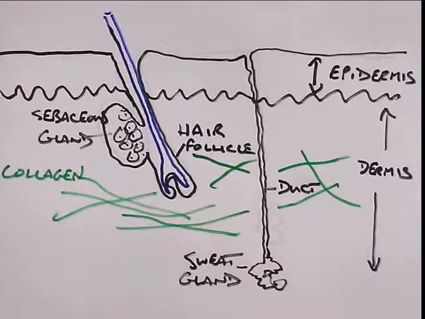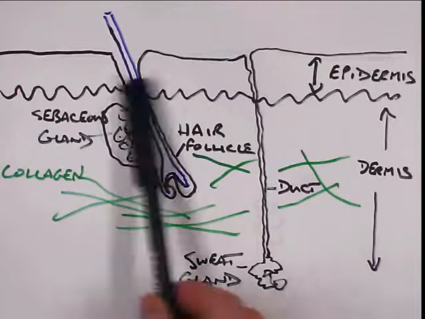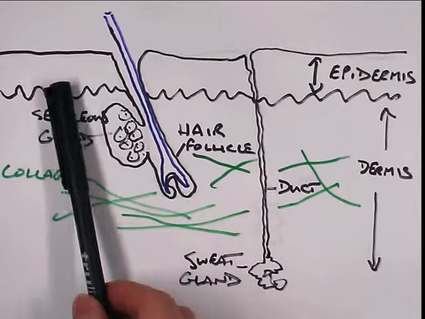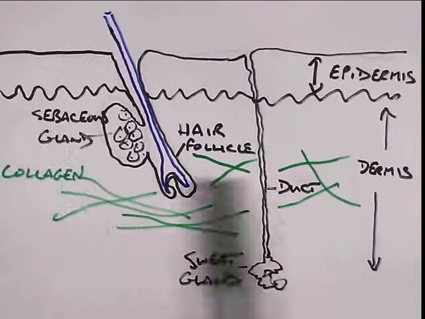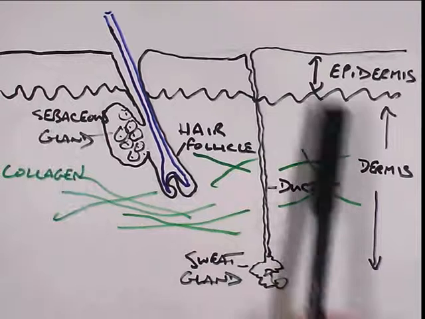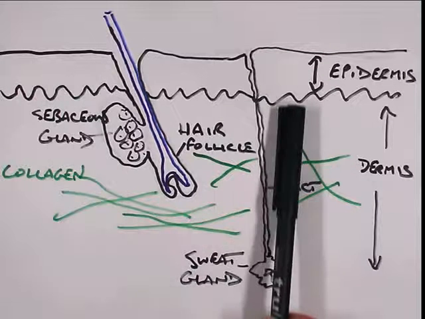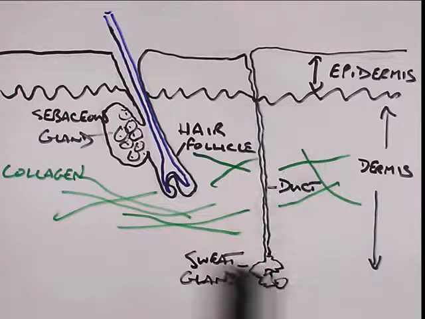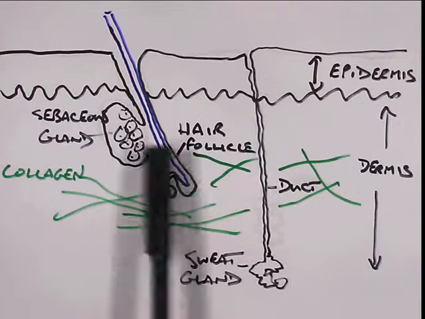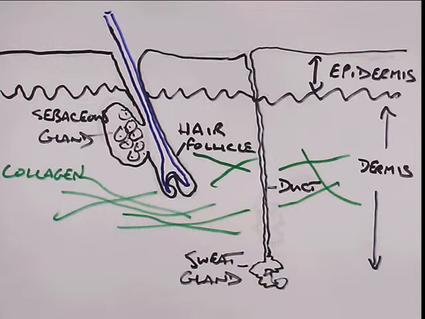Both hair follicles and sweat glands are derived from, as I've said, the epithelium, and their location is important. And we'll talk about that later when we talk about skin regeneration and skin grafting. Because these are epithelial, they can actually give rise to the cells of the epidermis. And so if you damage the surface of your skin and lose this epithelial component, then it is cells from the sweat glands or the hair follicles which start to divide, proliferate, and recover the surface.